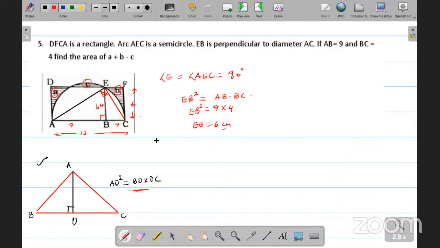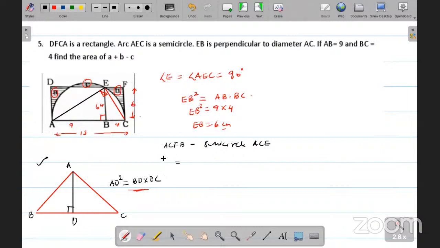How will you get it? So if you observe carefully, the area of rectangle ACFB minus area of semicircle AEC, what will this give you?